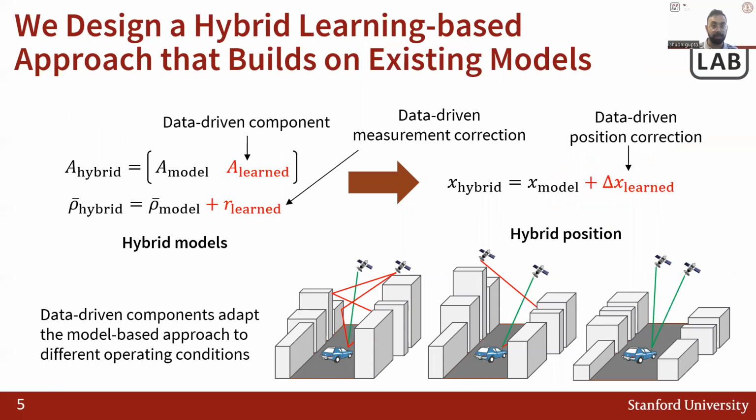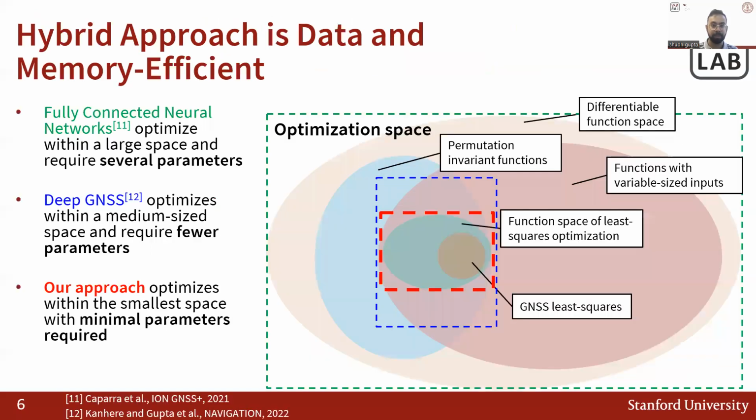Then these hybrid models are utilized in determining a final position that contains both model-based and data-driven components. The intuition behind this approach is that the data-driven components, augmented with these model-based components, adapt these underlying model-based approaches to different environments where the original models may not fully apply.